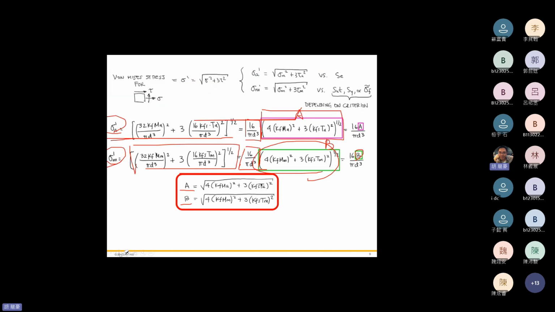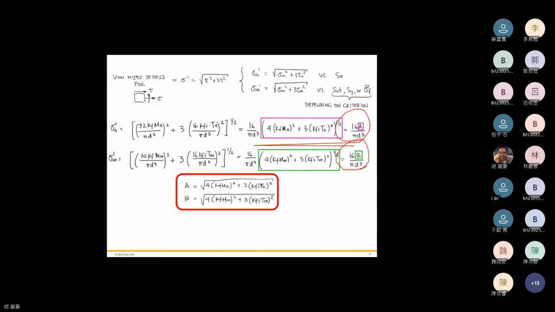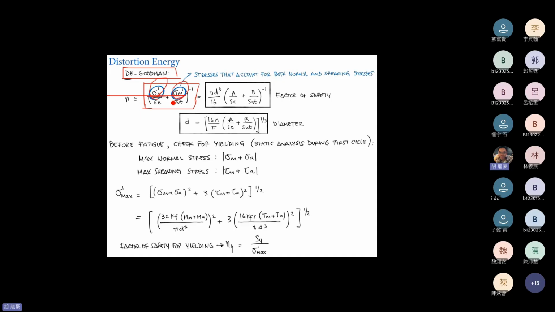So we can plug these two stresses in here. Therefore, the safety factor from the DE-Goodman criteria is in terms of the parameters A and B.